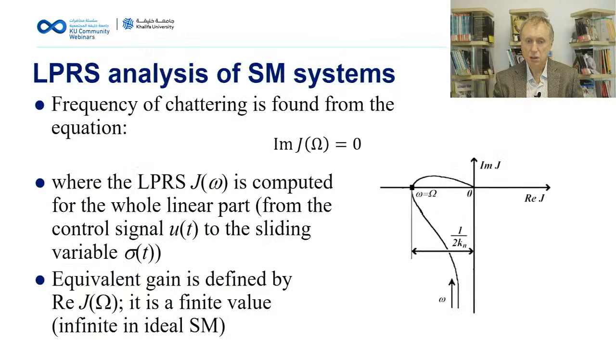But besides, like what is shown here for higher relative degree, we will have this point of intersection, we will have finite frequency oscillations, and we will also have some finite value of Kn that was infinite if the relative degree of the plant is 1, because it didn't have any point of intersection with the real axis except for the origin.